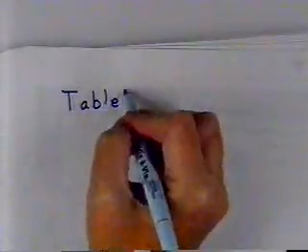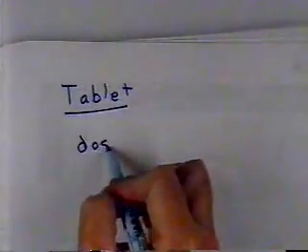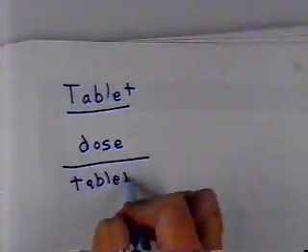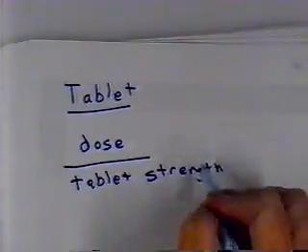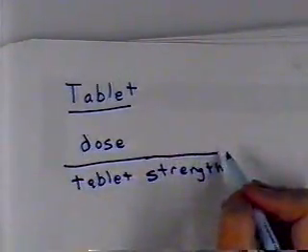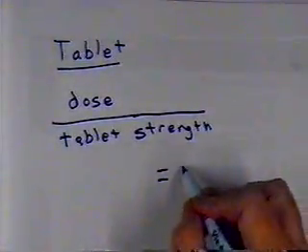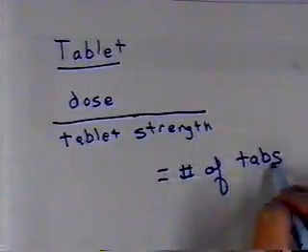To do tablet problems, we always take the dose divided by the tablet strength. When we take the dose divided by the tablet strength, the answer is always the number of tablets.